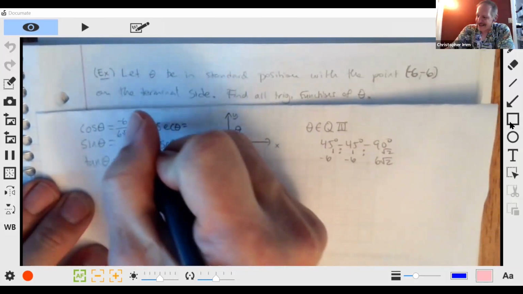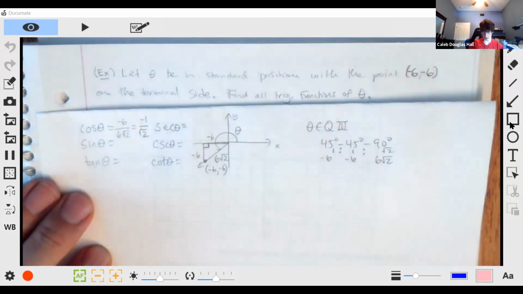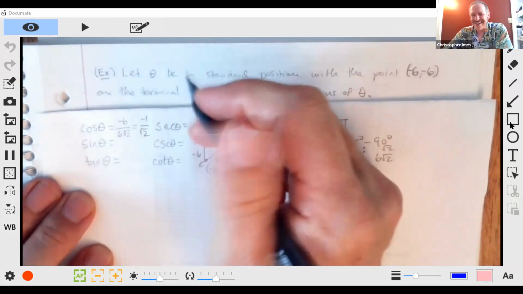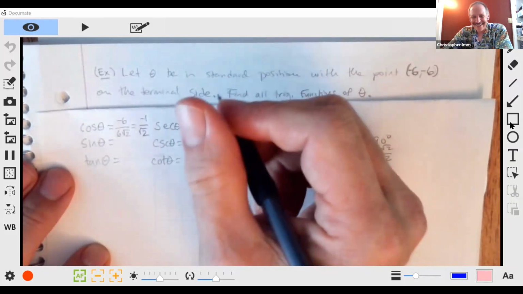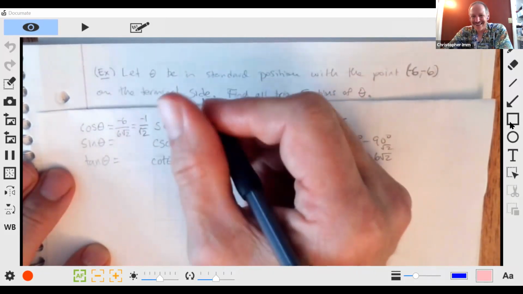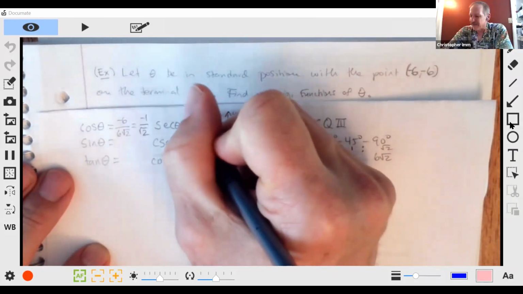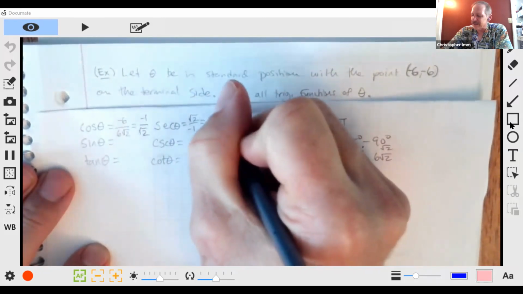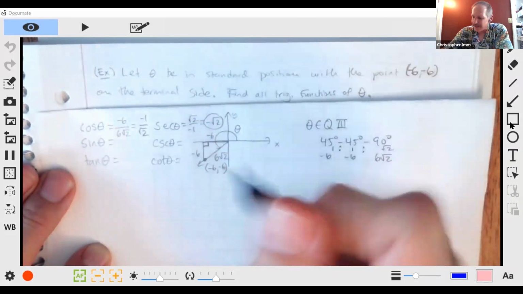Nice job, Kai. Great. All right. Secant is 6 radical 2 over -6. And so that would simplify to radical 2 over -1, so negative root 2. Sweet. Nice job, Caleb.